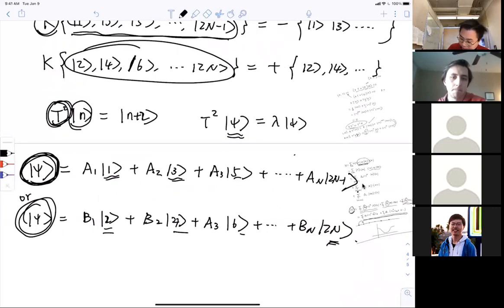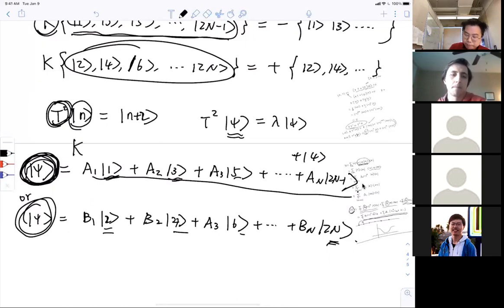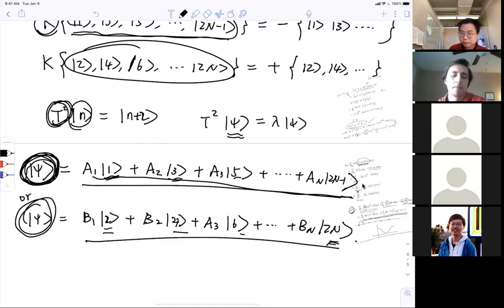If we add another even size to this cat, for example 4, then this cat psi is no longer the eigencat of my operator k, right? So this is the reason why I chose them to be this superposition.